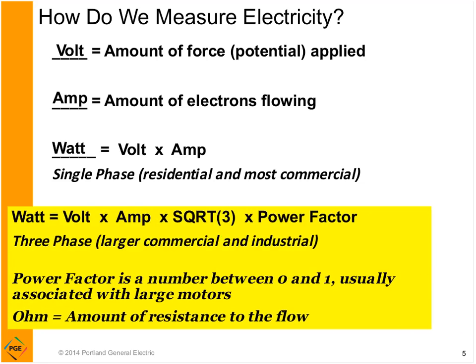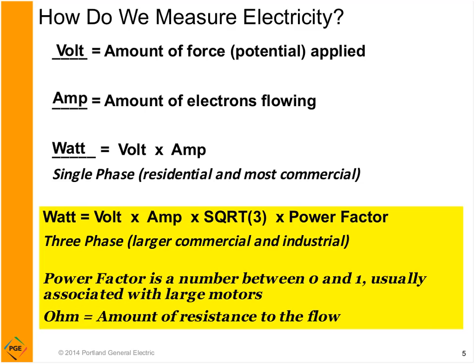I also want you to know about a couple other concepts we won't talk about today. They're a little more advanced. If you have three-phase power, larger commercial and industrial, you will have the formula volts times amps times a constant, which is the square root of 3, times something called the power factor. This power factor is usually a number that is close to 1.